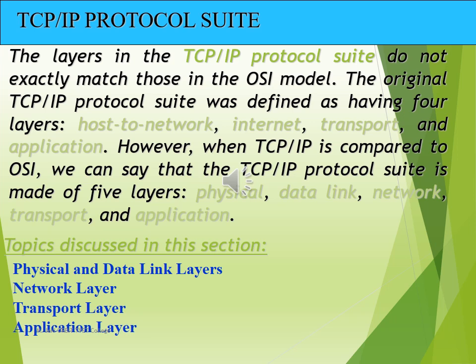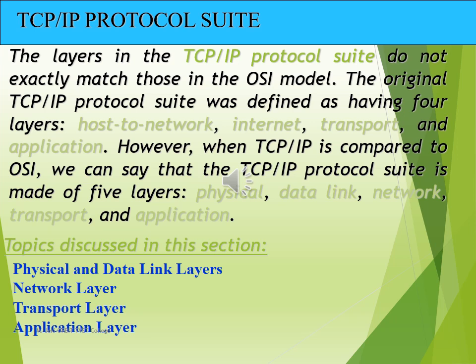Just on a closing note, let me mention this and I'll close it there. The layers in the TCP/IP protocol suite do not exactly match those in the OSI model.